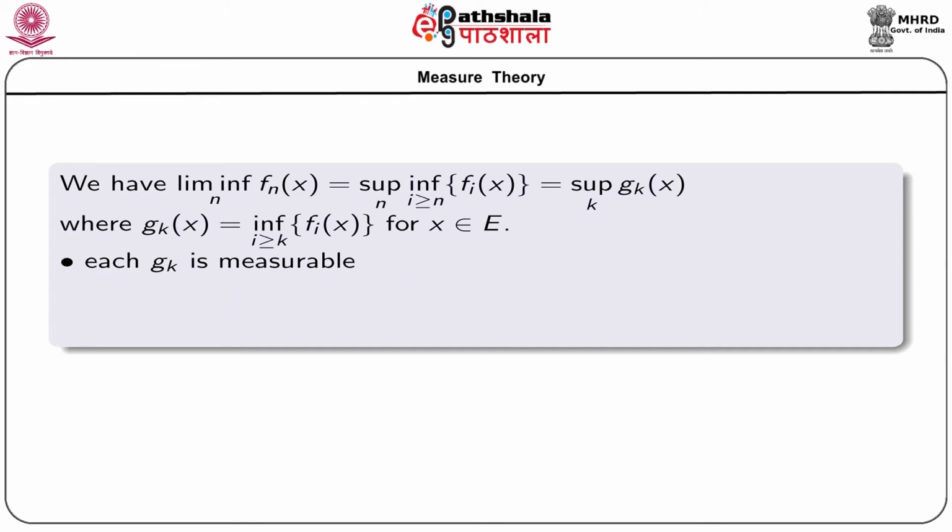So, here each gk is measurable, and moreover we have already observed that this sequence gk is monotonically increasing, that is 0 less or equal to g1, less or equal to g2, less or equal to etc. And obviously, the limit of gk is lim-inf n Fn.